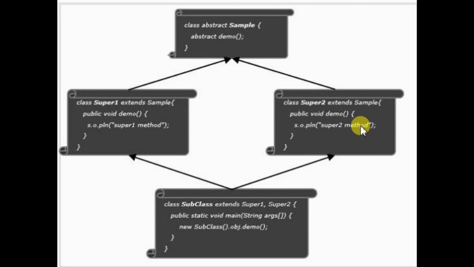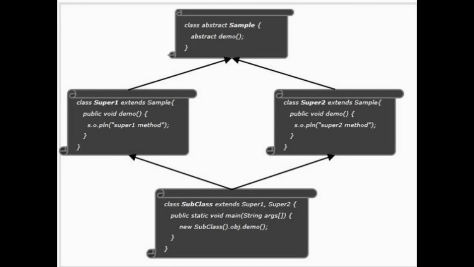So we'll extend super1 and super2 in subclass, and here it becomes an ambiguous feature for subclass because subclass has to inherit the features of demo from both classes, and it becomes an ambiguous situation which one to inherit. So this becomes a diamond problem in Java, because there are two methods with the same name in two different classes, and while extending it gets confused. So because of this, the diamond problem occurs and it is not supported by classes in multiple inheritance.